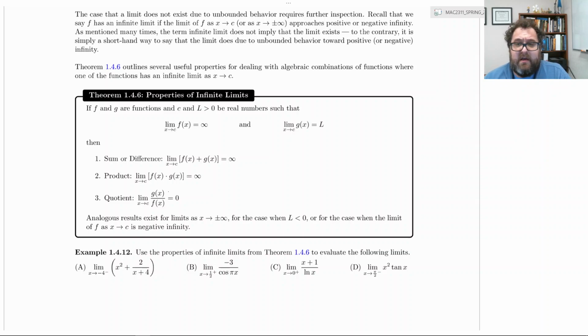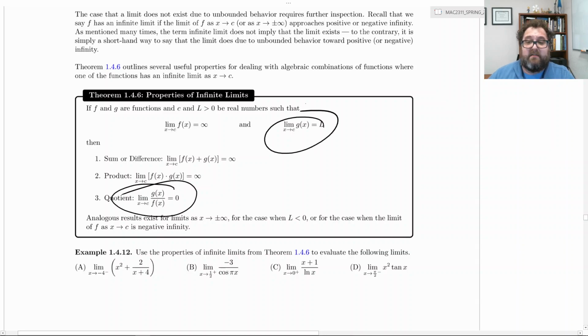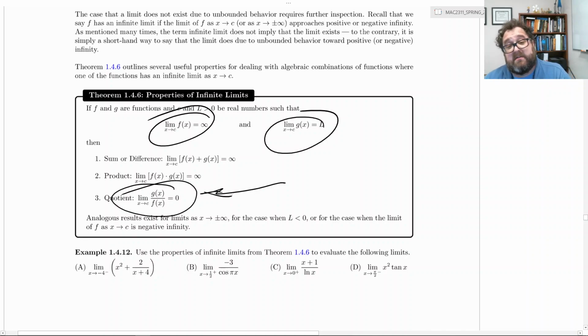That's a very important property to keep in mind. We'll use this a lot. If the limit of the numerator is finite, but the limit of the denominator is infinite, towards positive or negative infinity, the overall limit must tend towards 0. We'll use that a lot throughout the rest of the class.